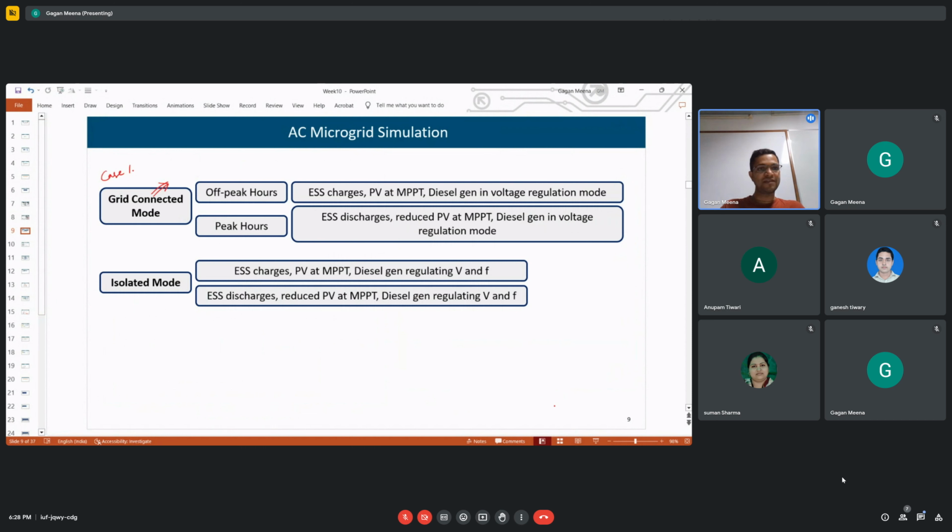Receiving end voltage becomes more than the sending end voltage because of the charging line capacitance. Transmission line capacitance is providing more reactive power, and that is why it is boosting the receiving end voltage. So we want any component which can absorb that reactive power.